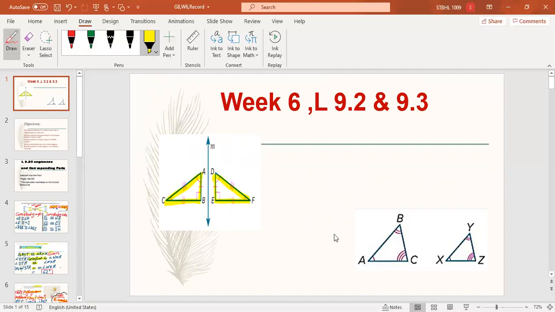But in similar triangles or similar polygons, generally, the angles are congruent, but the sides are not congruent, they are proportional. Similar figures have the same shape but different sides, whereas congruent triangles have the same shape and same size.